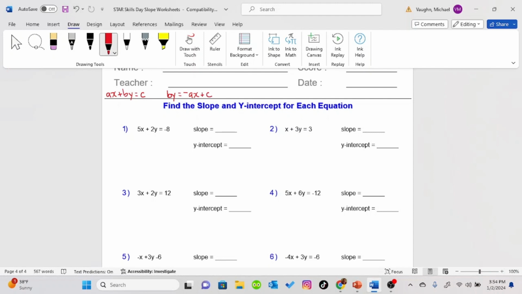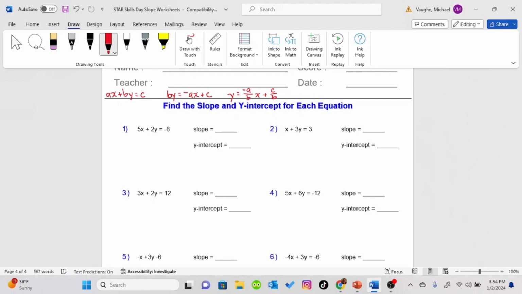And now if I wanted the y by itself, I would divide both sides by b. So I would end up with y equals negative a divided by b x plus c divided by b.